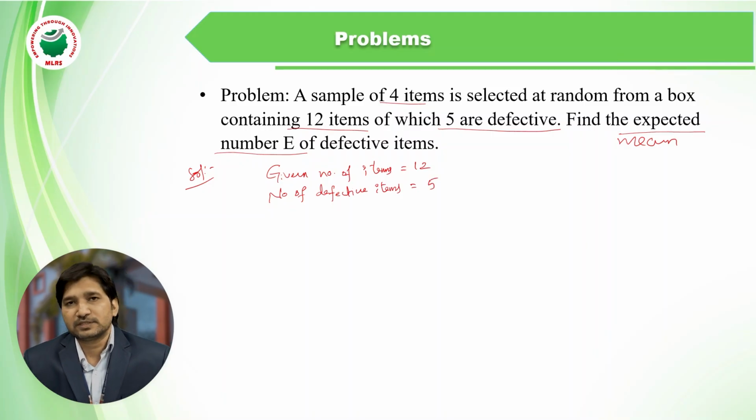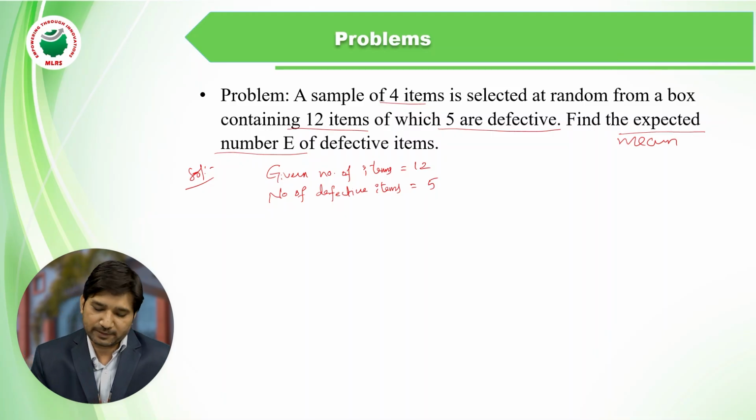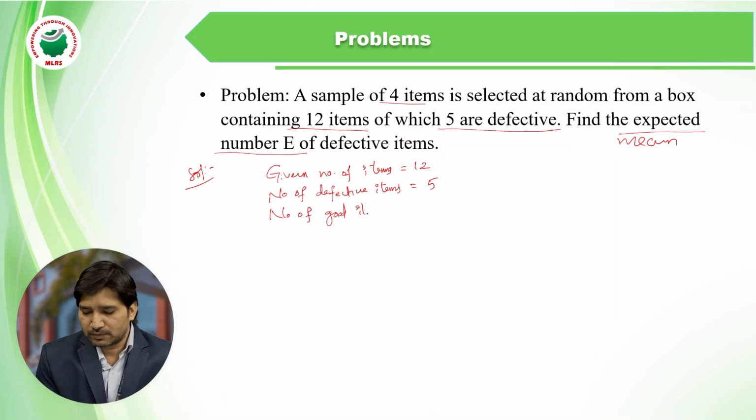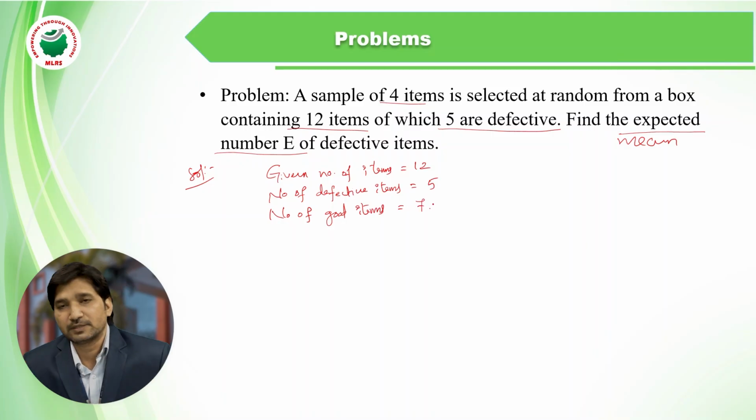So the number of good items, you can subtract from the total: 12 minus 5 is 7. 7 is the number of good items.